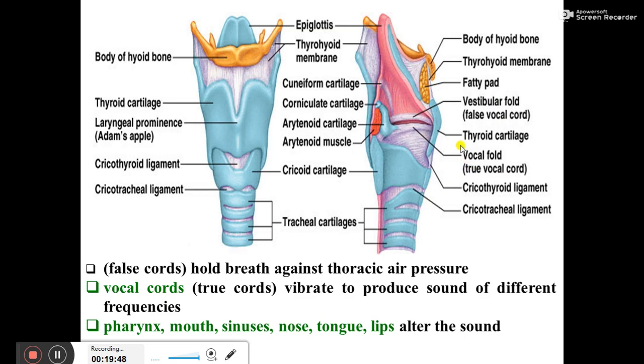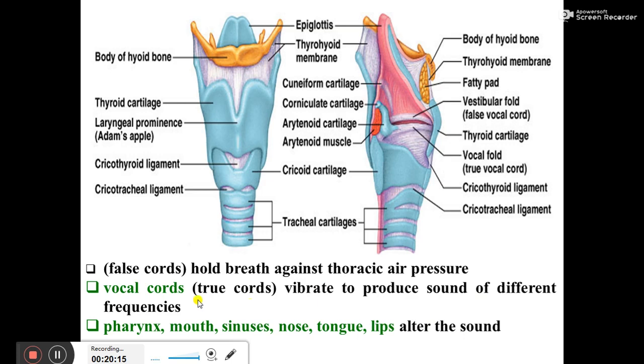The false cords hold breath against thoracic air pressure. So they don't produce sound, they just assist in holding the breath or air, to create and maintain the pressure. Next is the vocal cord, which is a true cord. What do they do? They vibrate to produce sound of different frequencies.